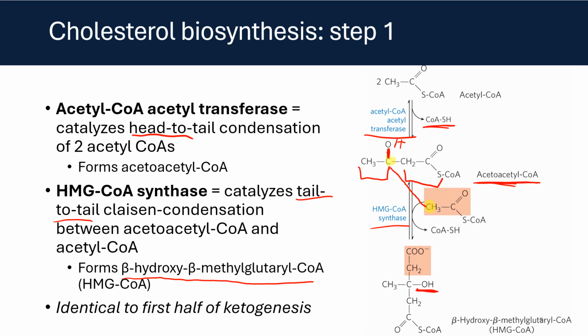We just call this HMG-CoA for short. If these reactions look familiar to you, by the way, that's a good thing because this entire process happens to be chemically identical to the first half of ketogenesis, aka the starvation pathway.